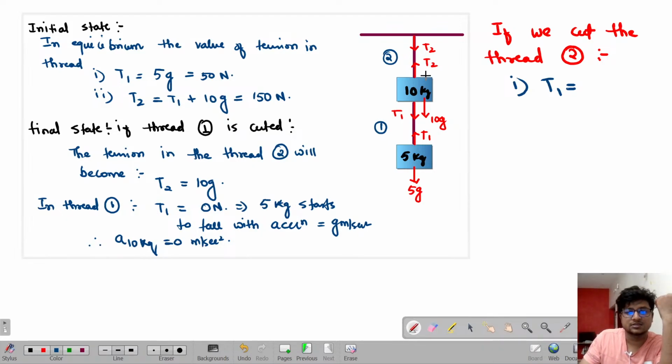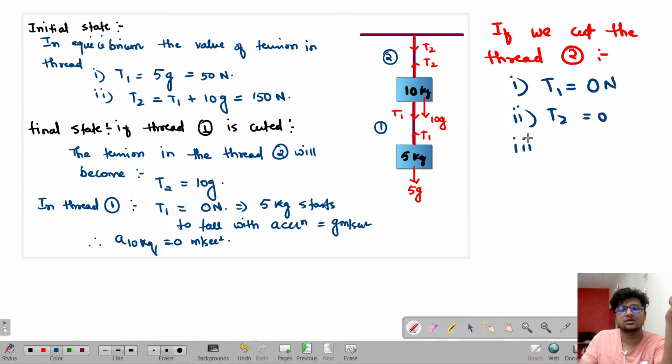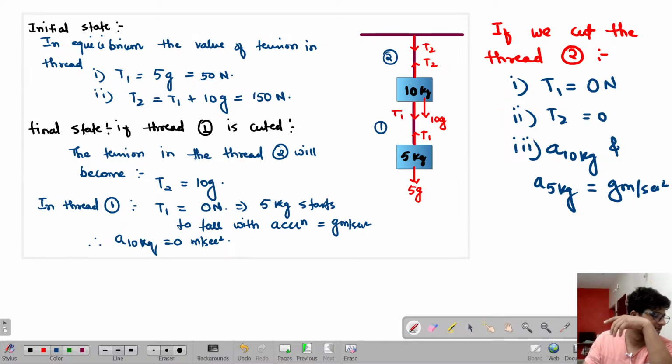I cut this, now the whole thing is not held. It will be 0. I am not holding it down. Is that clear or not? Even T2 will become how much? 0. And the acceleration of both the 10 kg block and the 5 kg block will be g meter per second square. They will fall with acceleration due to gravity. Is that clear or not?